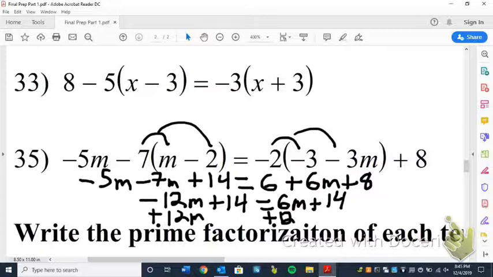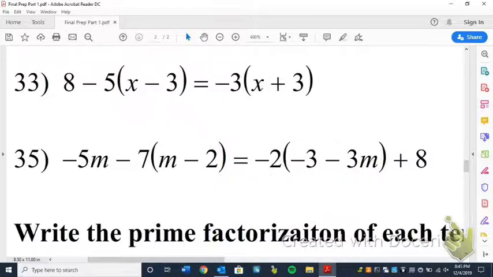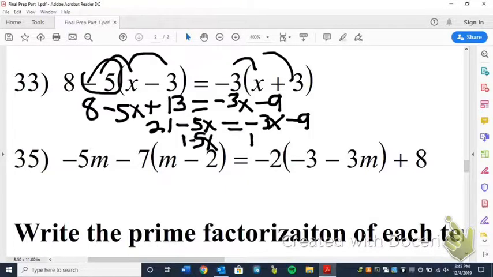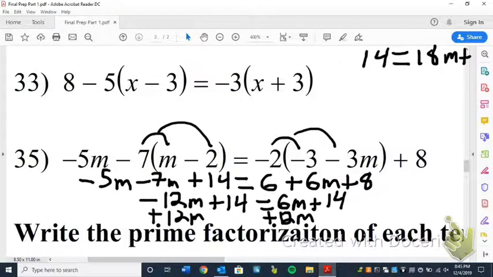Okay, so we add 12m to both sides. And that's going to give us, I don't know, it started over. Cool. Add 12m to both sides, and we get 14 equals 18m plus 14.